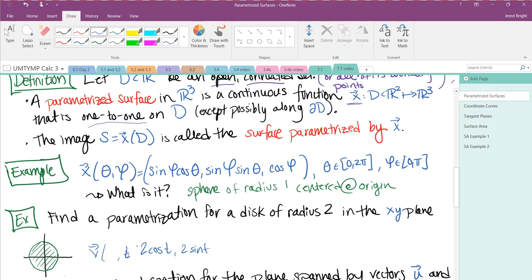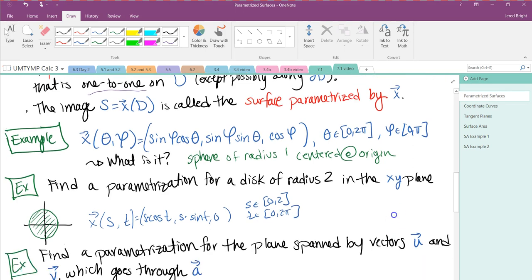So we have this parameter t, and we don't really want just 2. We want to be able to use any value, so I'm going to insert another value s here, and then the third component is going to be 0 if it's in just the xy plane. So I'm going to say x of s and t is s cosine t, s sine t, 0. And we're going to say that s is in the domain 0 to 2, and t is in the domain 0 to 2 pi.